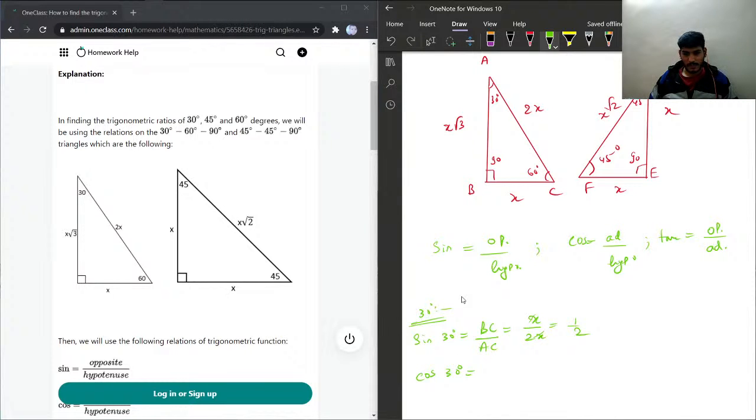Cosine 30 will be adjacent is AB and hypotenuse is AC, so this will be x root 3 and 2x, so x and x cancel, so this will be root 3 by 2. For tangent of 30 I have BC over AB, so this will be x over x root 3, this will be 1 over root 3.